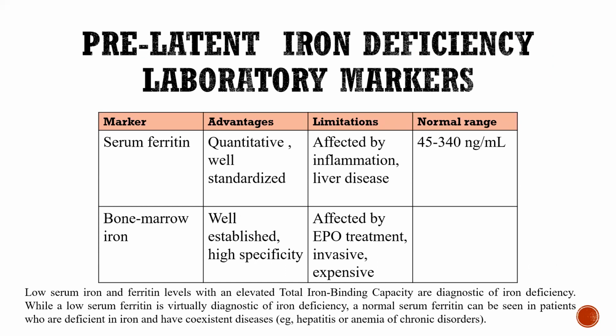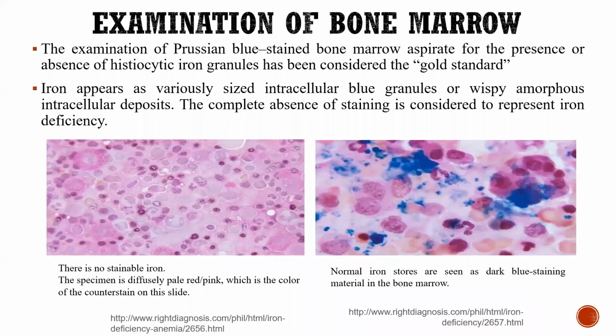Low serum iron and ferritin levels with elevated total iron binding capacity are diagnostic of iron deficiency, while low serum ferritin alone is diagnostic of iron deficiency. Normal ferritin can be seen in patients who are deficient in iron and have coexisting diseases.